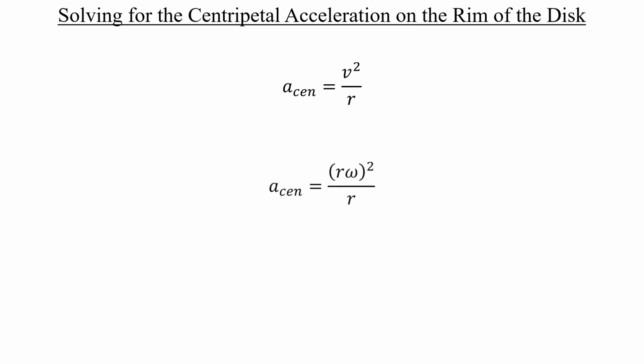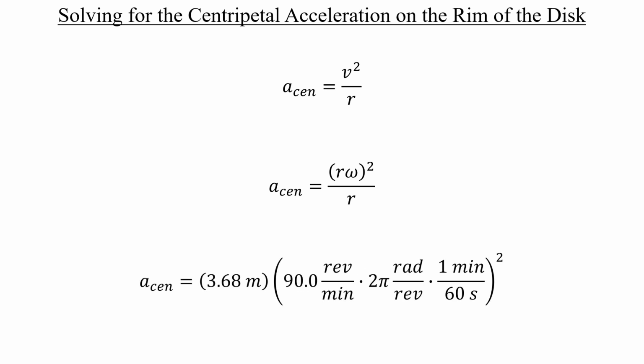So we'll go ahead and insert that in for v and then square the numerator. The r in the denominator will cancel with 1 r in the numerator, and so we'll end up with the centripetal acceleration being equal to r omega squared. And we know both of those quantities. So let's go ahead, plug them in, and finish this problem up.